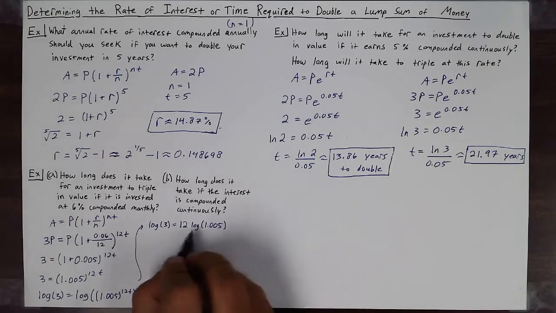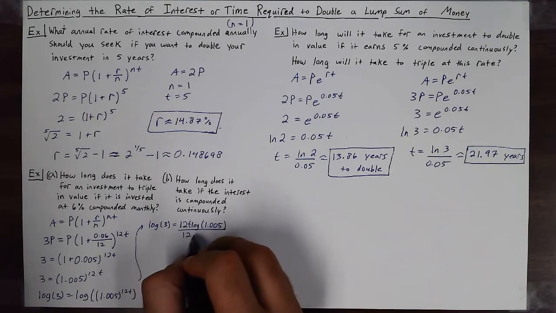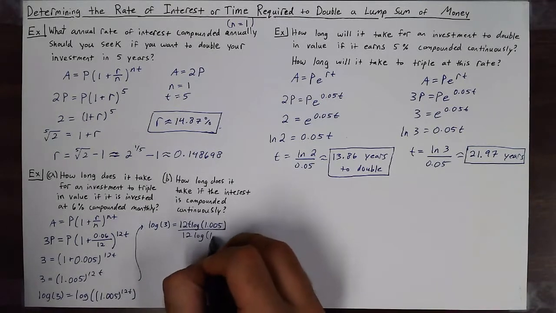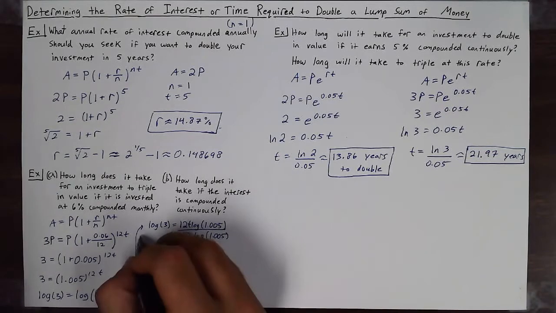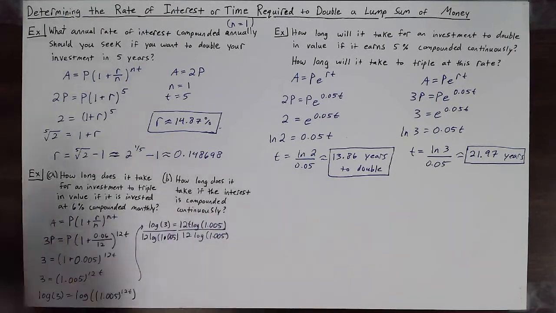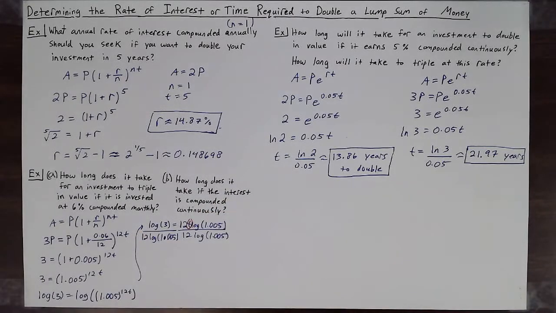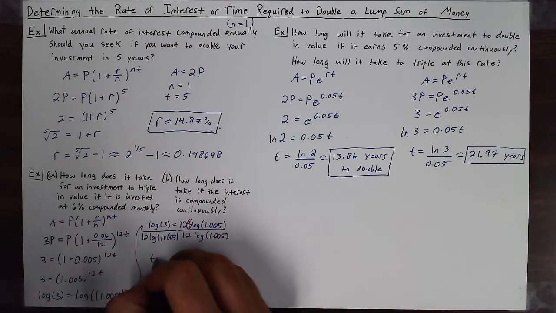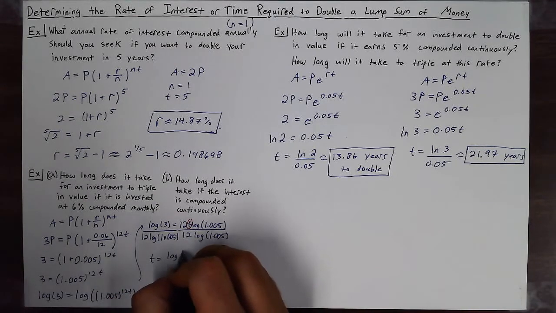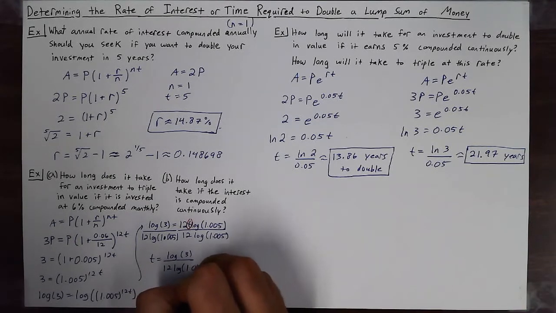Then we can divide each side by 12 log of 1.005 to get that t value by itself. I circled it because I got a little compressed there. So t will equal log of 3 over 12 log of 1.005.